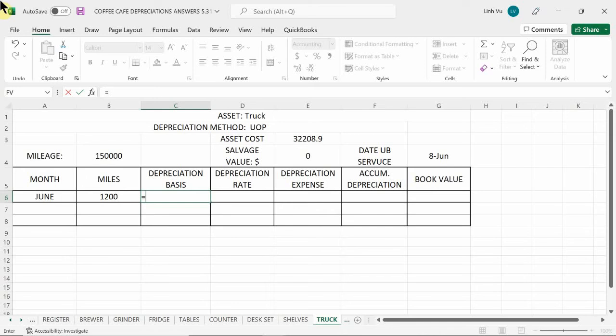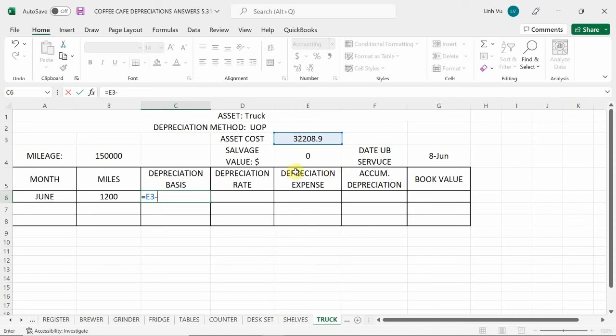Okay, so remember, if it's based on capacity, that means time is not a factor. So it's the depreciation basis divided by estimated units produced. The basis would be the price of the truck itself. No, what's the formula? Cost of asset minus salvage value.